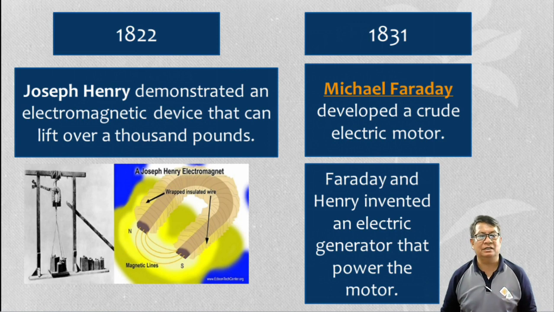In 1822, we have Joseph Henry. He demonstrated an electromagnetic device that can lift over 1,000 pounds. So we have this electromagnetic device that is able to lift a material weighing 1,000 pounds.